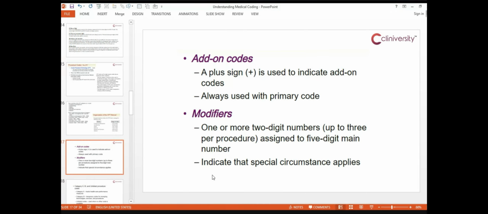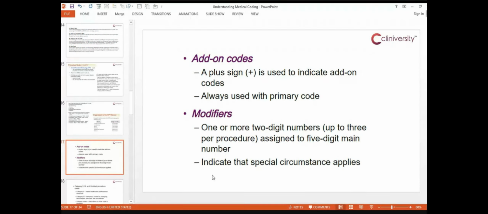So a plus sign is always used to indicate that some add-on codes are there for this particular procedure. And add-on codes indicate that a certain additional facility or process has been done during this existing process, which is required to be paid, right? So that is what the plus sign means.